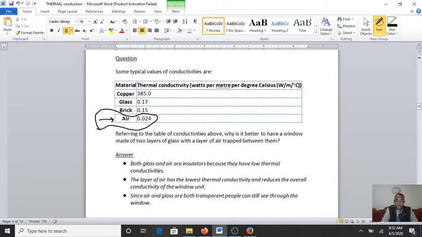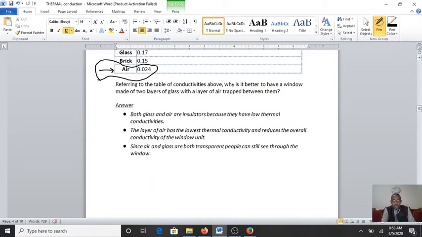Okay, and houses use this property. Even you, when you cover yourself in the bed, you are trapping air, which acts as a thermal insulator, prevents heat loss from your body, and you remain warm. That's why we cover ourselves in the night. So it's a very important property, and you'll be tested a lot about the insulating properties of air in the exams.